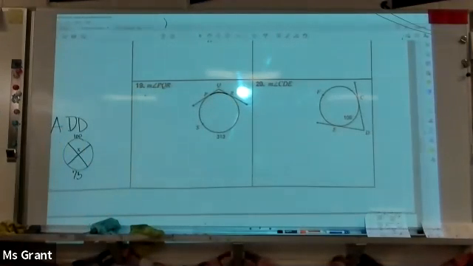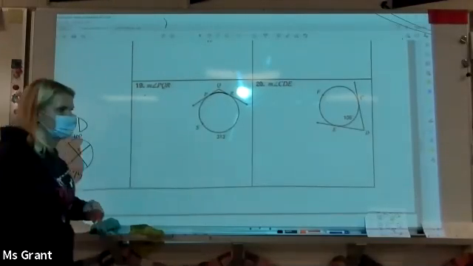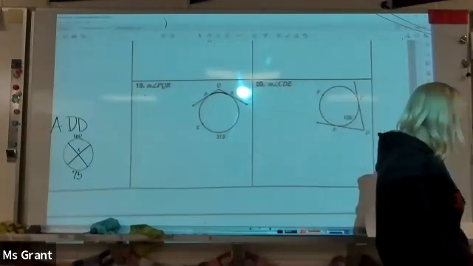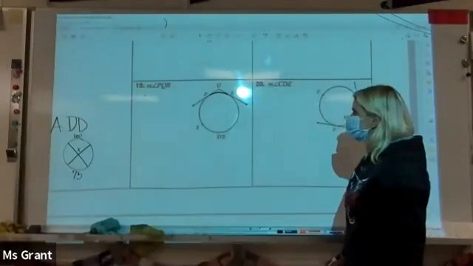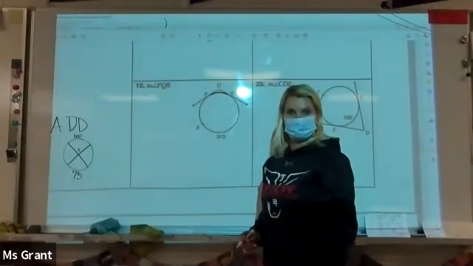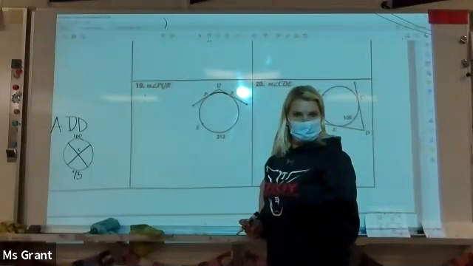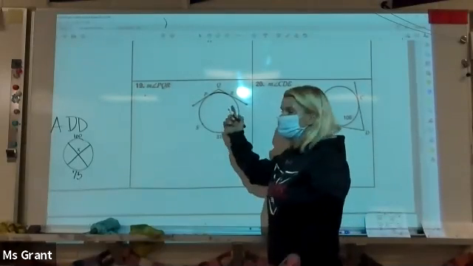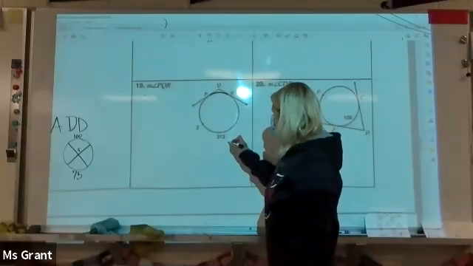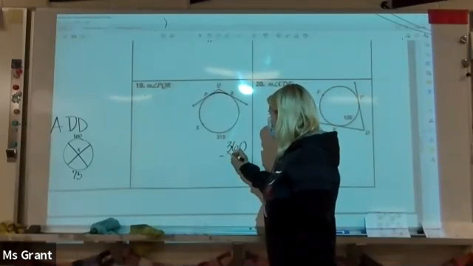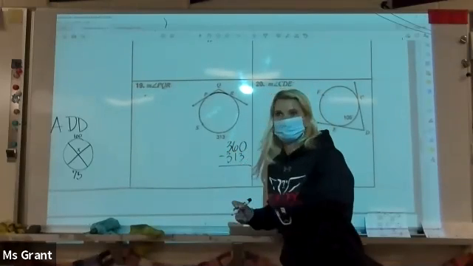What is it? 313. What's 360 minus 313, right? 47.